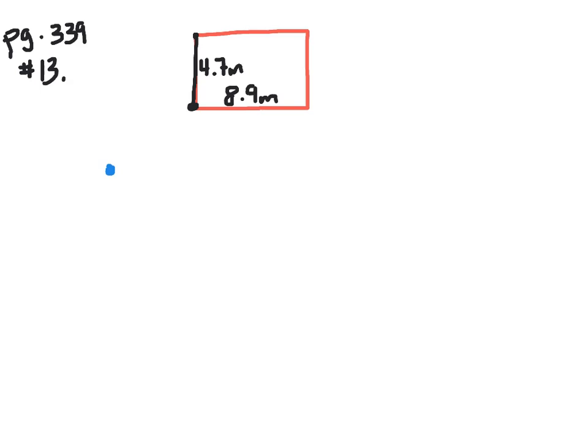It says here that from her position, Susie is 12 meters from the base of the right exterior wall. Okay, so this is Susie. This is the base of the right exterior wall. And from Susie to the base of the right exterior wall, they say this is 12 meters.